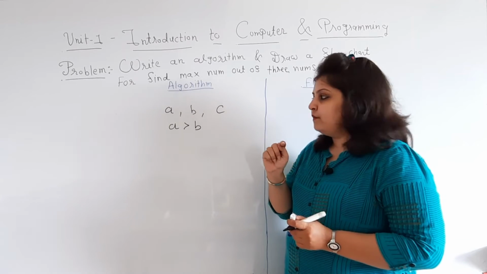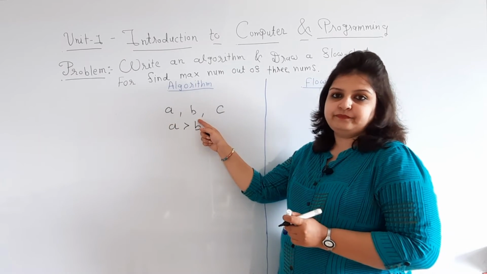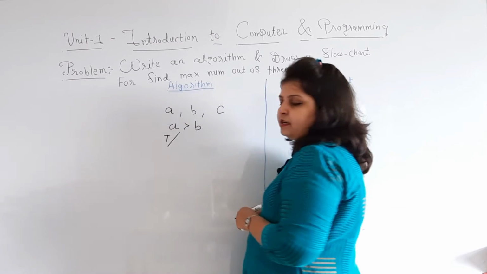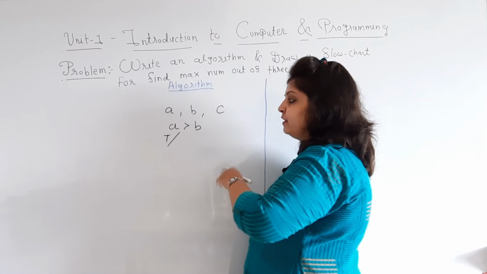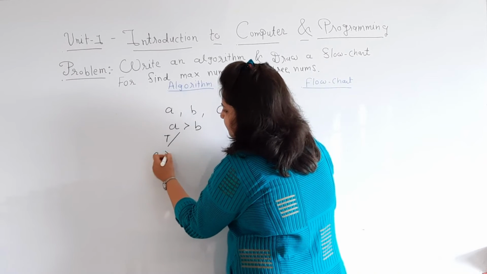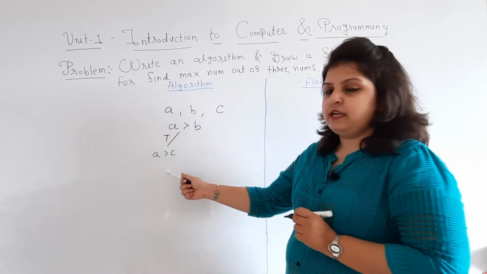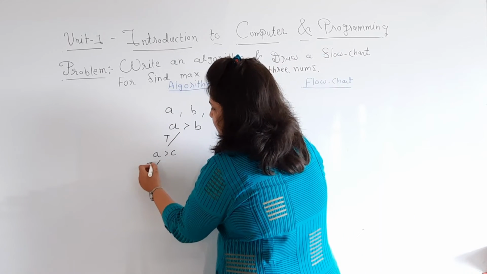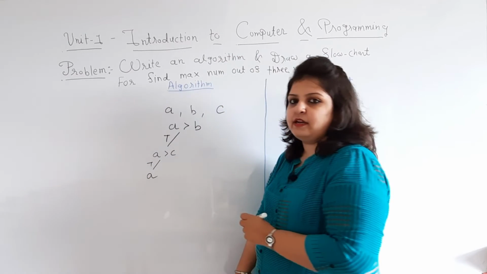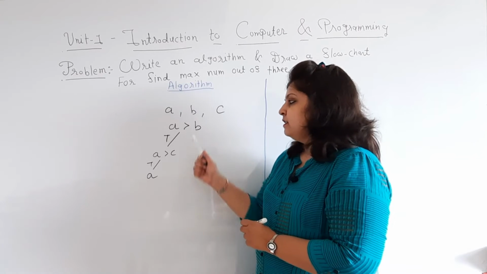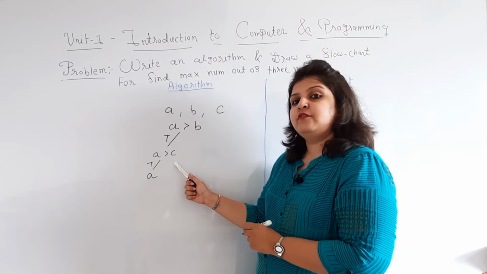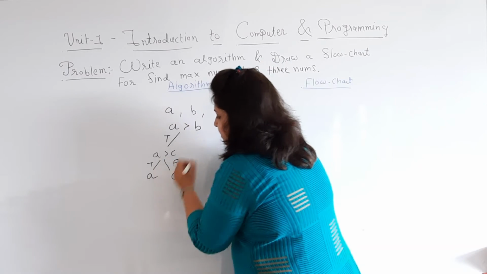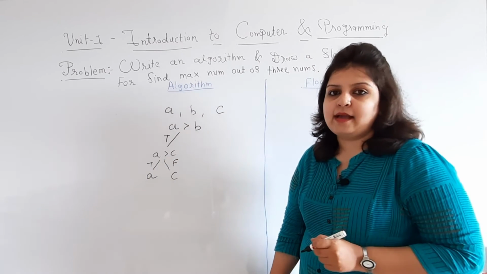So first of all we have to compare A and B. Now if the A greater than B condition is true, then we will compare our A variable with C, that A greater than C. If yes, then in this case we can say that A is max. But if this condition is false, then in this case our C variable is max.